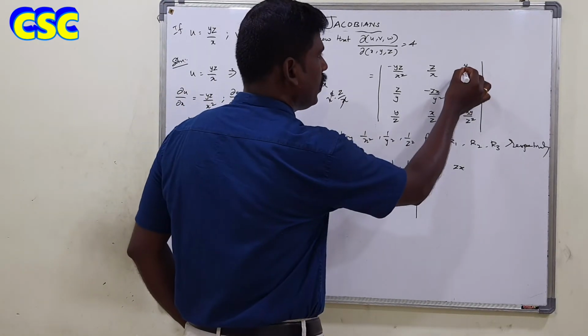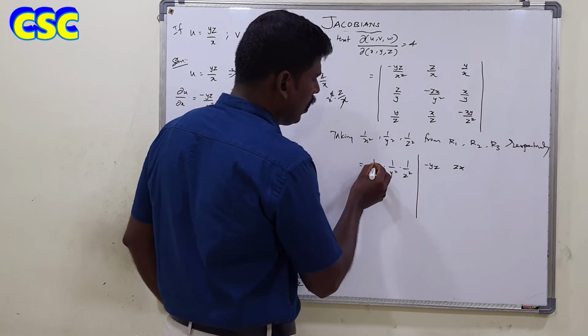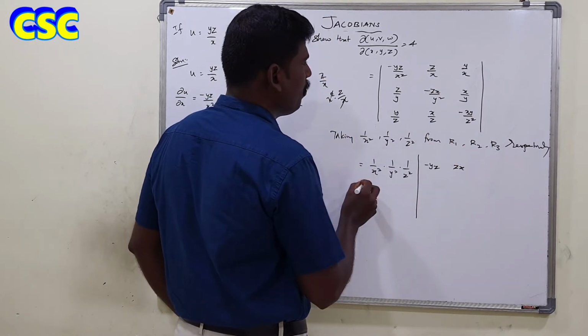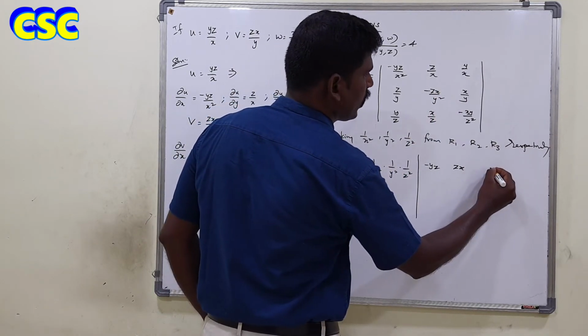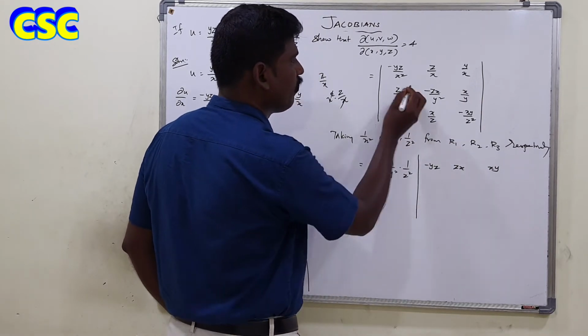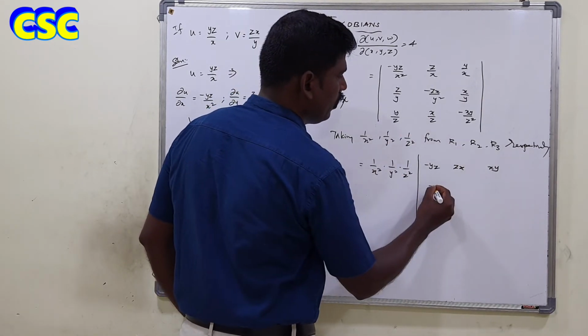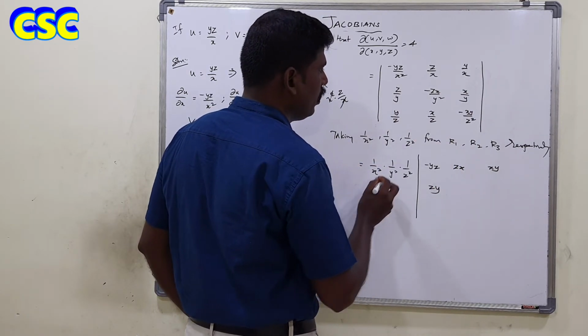Right? Same like that, multiply with x square. So otherwise you multiply and divide it by 1 by x square. So multiply this with x square, x cancel each other, so xy is remaining. That's all. Same like that, 1 by y square is taken from that. So what you will get? Zy, or multiply by y square inside the determinant. Okay? And that's all.